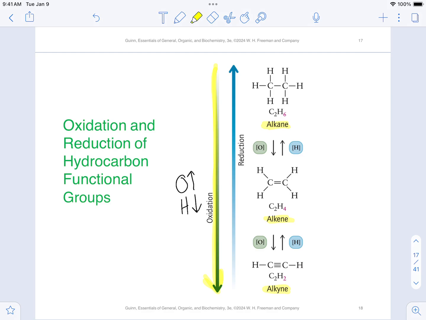So look at your H's. As you're getting oxidized, your H's are going down. So it is very common that an alkane will be oxidized to an alkene. And then reduction would be the backward effect, going up this way. An alkyne would be reduced to an alkene, which would be reduced to an alkane.